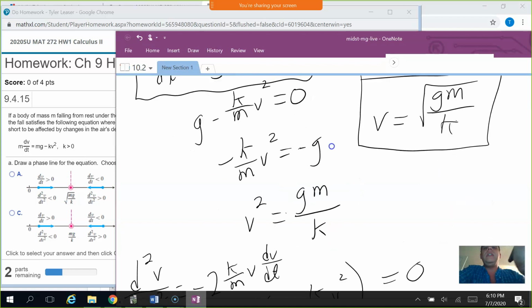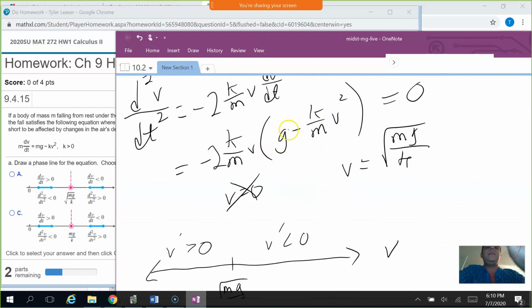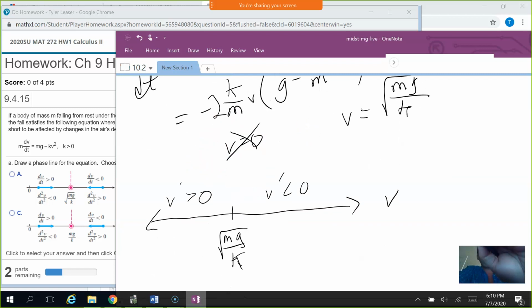Okay, so now we need to look at the second derivative, which is this thing down here. With this thing down here, if I plug in something to the left of this square root mg over k, I'm going to end up getting a positive value here, but then a negative value out here because of the negative sign out in front. So here, the second derivative of v ends up being negative.